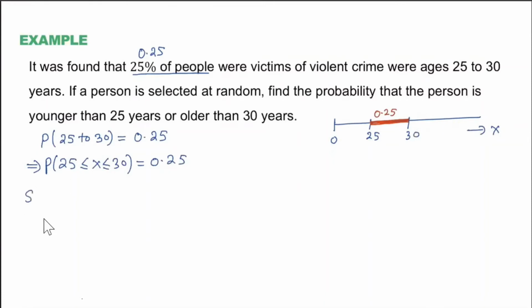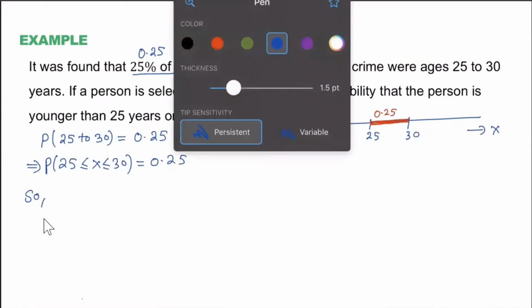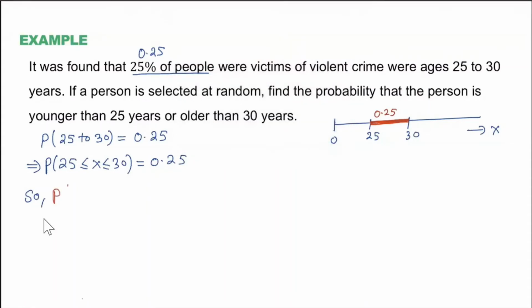So if you want to write the complement, this is how we write. The probability their age is less than 25, this one, or their age is more than 30. But what we know is if we add these two, the total probability is 1.